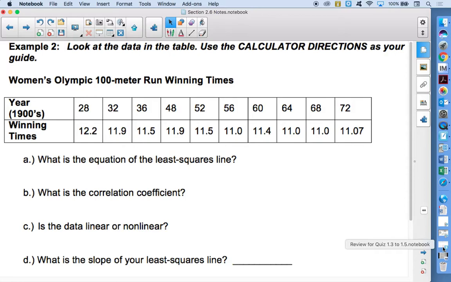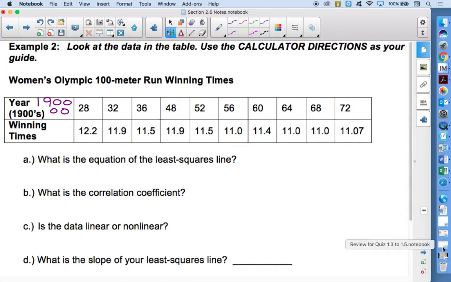You don't enter 1928, just enter the number 28. If I were entering a 0, that would represent 1900, like a double 0. So just enter the value.